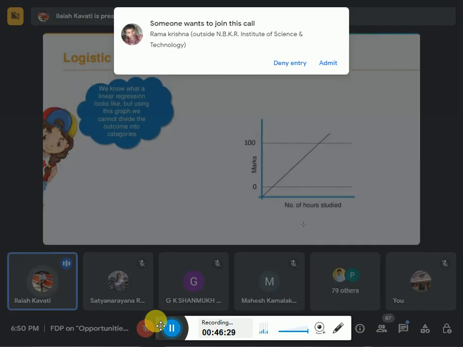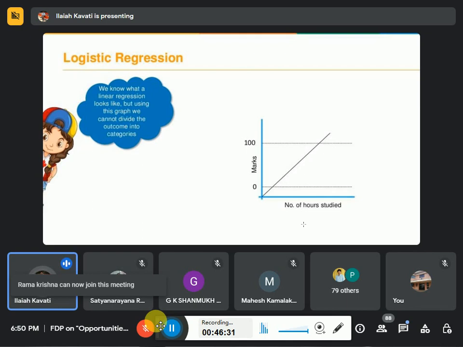Linear regression, whatever we discussed so far, is used to address regression problems like predicting salary, predicting marks, predicting sales of a product based on season, etc. So predicting a quantity, a value, that is a regression problem, correct? Linear regression is to address this.